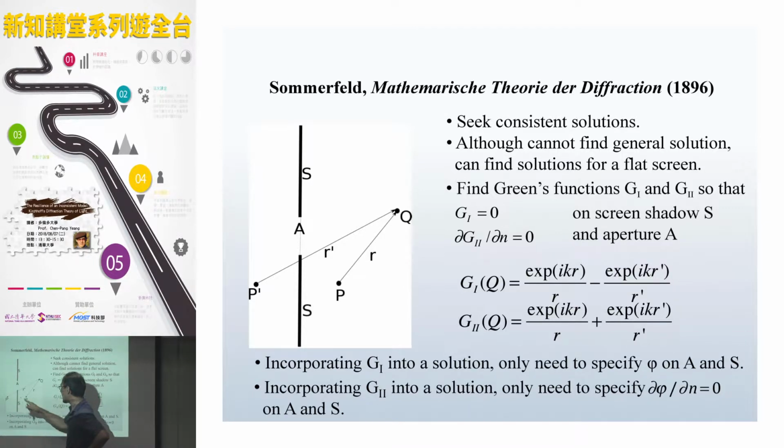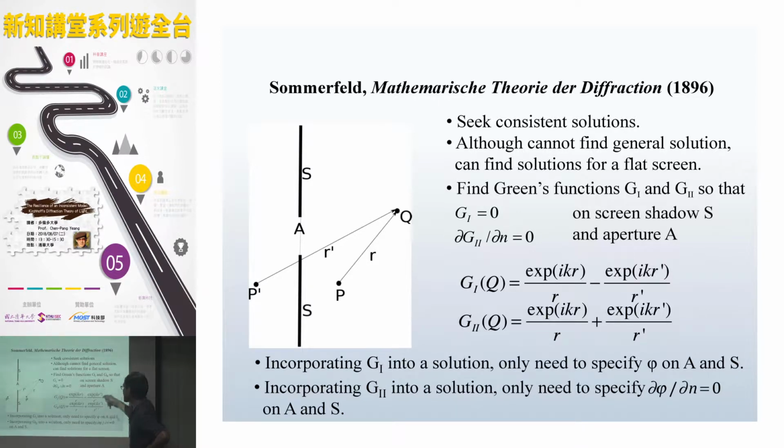So P is the light source, P prime the image, and Q is the point of observation. G1 is just e^(ikR)/R minus e^(ikR')/R'. R is the distance between P and Q, R' the distance between P' and Q. And G2 is just the plus of these two terms, right?